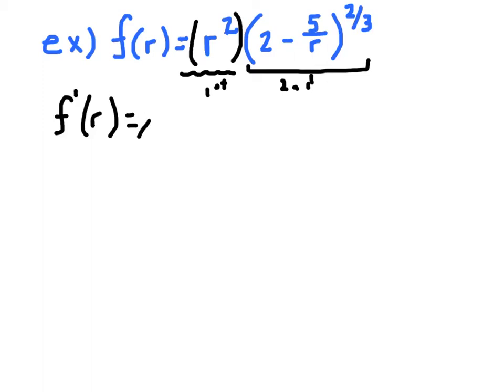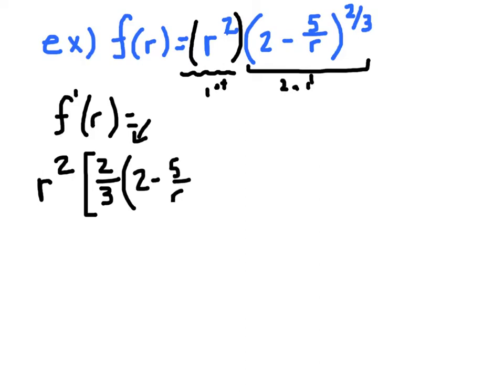I think I'm going to go under here to save some room. But it looks like I'm going to have the first, which is r squared, times the derivative of the second. So I might use grouping symbol here. So there's my bracket. So I'm going to bring down 2/3 inside 2 minus 5 over r.